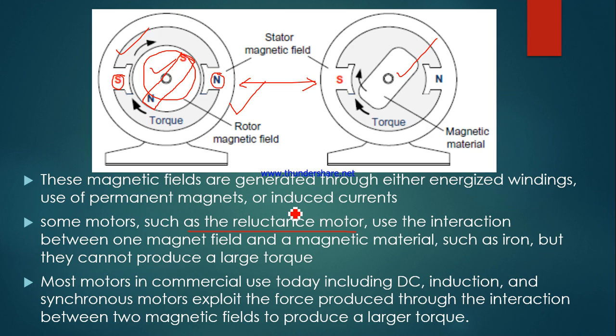Every kind of electrical rotating machine has one advantage and one disadvantage. In a reluctance machine, it is basically the interaction between a magnetic field and a magnetic material such as iron. The poles are salient poles, and due to that your torque profile is not very smooth, and it also cannot produce a large torque.